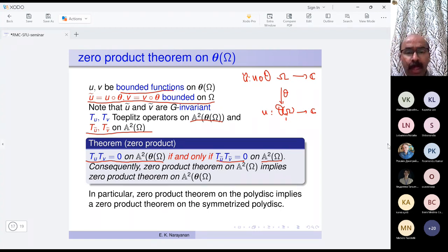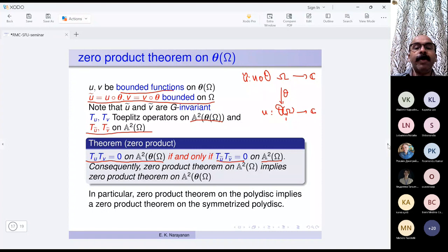So consequently, because of this result, whenever you have a zero product theorem on the original domain A2 omega, that will immediately imply a zero product theorem on A2 of theta omega, right? Because Tu tilde Tv tilde equal to 0 implies one of them is 0, and then of course that holds on the quotient domain.